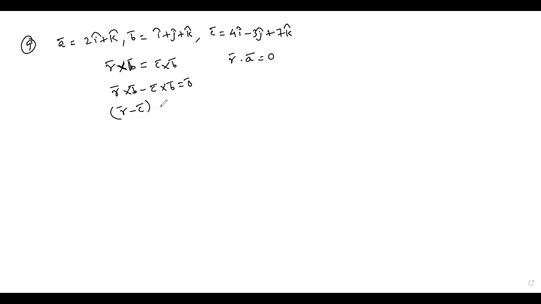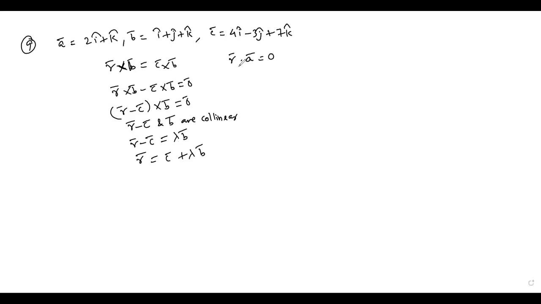So R bar minus C bar cross B bar equal to 0. When two vectors cross product is 0, they are collinear. That's where R bar minus C bar and B bar are collinear, parallel we can take. Two vectors parallel, we know how to take: one vector equal to lambda times another vector. From this, R bar is equal to C bar plus lambda B bar.